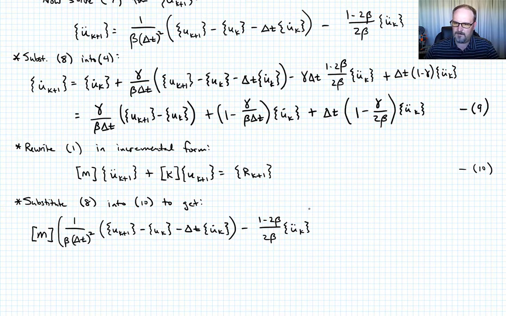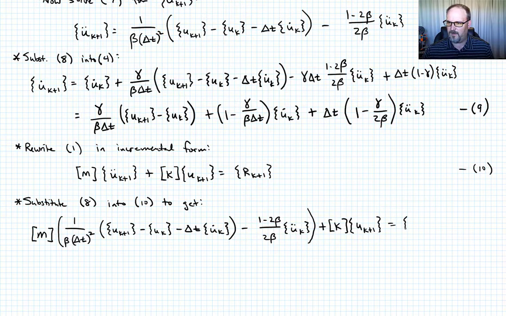Okay, so that whole thing, and then we have the plus K times u of k plus 1 equals r of k plus 1. Right? So that's the starting point. Let me do some grouping of terms. If I group my terms, I can factor out u_{k+1}.